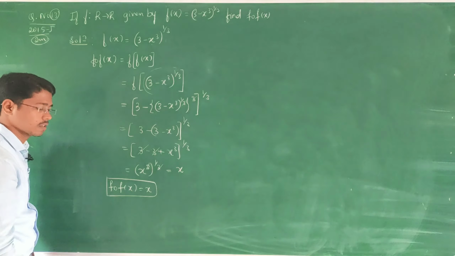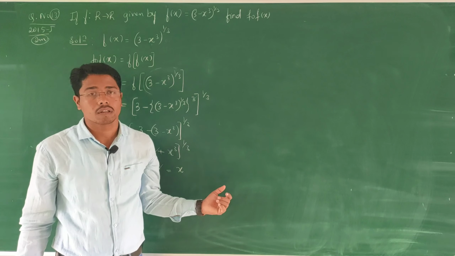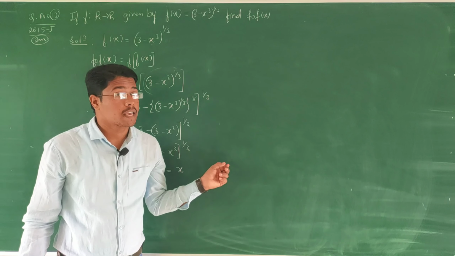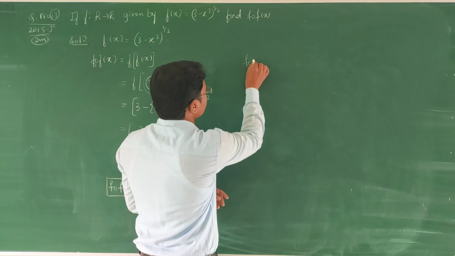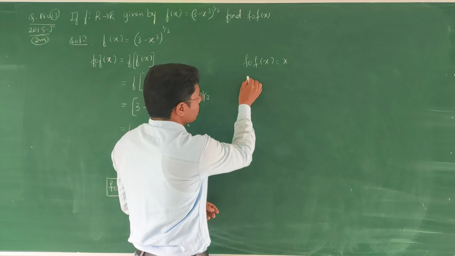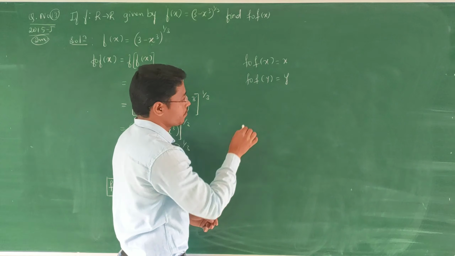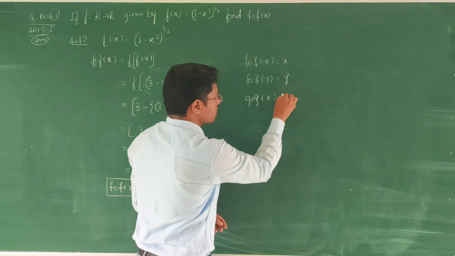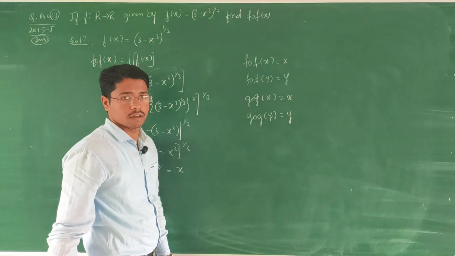Very important question. Okay, so see, fof of x equal to x comes, gog of x equal to x comes. Suppose fof of y equal to y. So remember, if we put f composed with f, we get the identity function. f composition f of y gives y, right? And g composition g of x gives x, g composition g of y gives y, right?